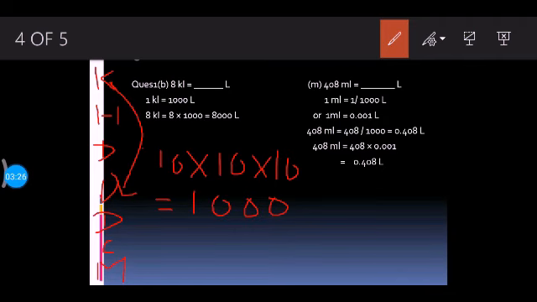Here multiplication should be done, and it should be multiplied with 1000, right? So here is 8 into 1000, which should be equal to 8000. That is my answer.